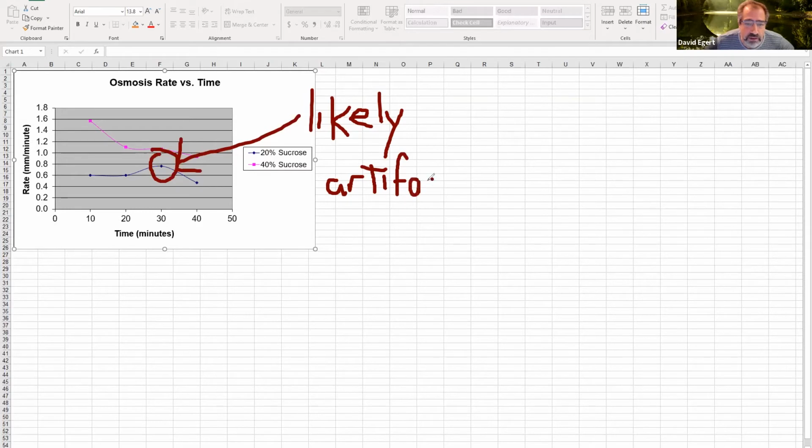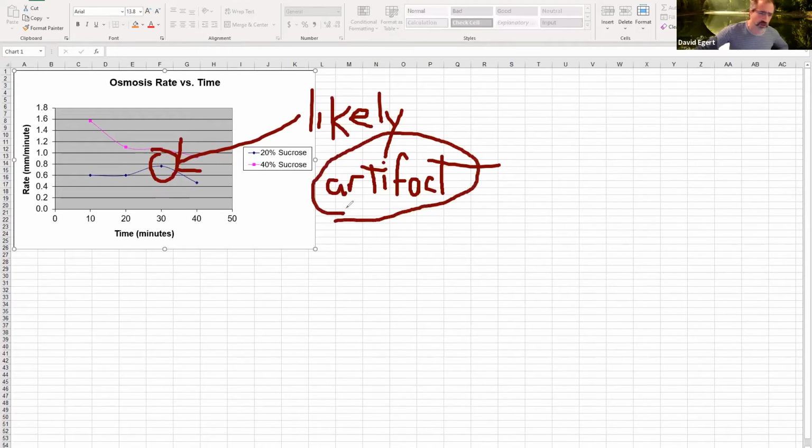When we're talking about scientific data, an artifact is something that happened spuriously or randomly and wasn't actually due to something real that was happening in the process. So that word shows up a lot, like, that's not real, that's just an artifact.